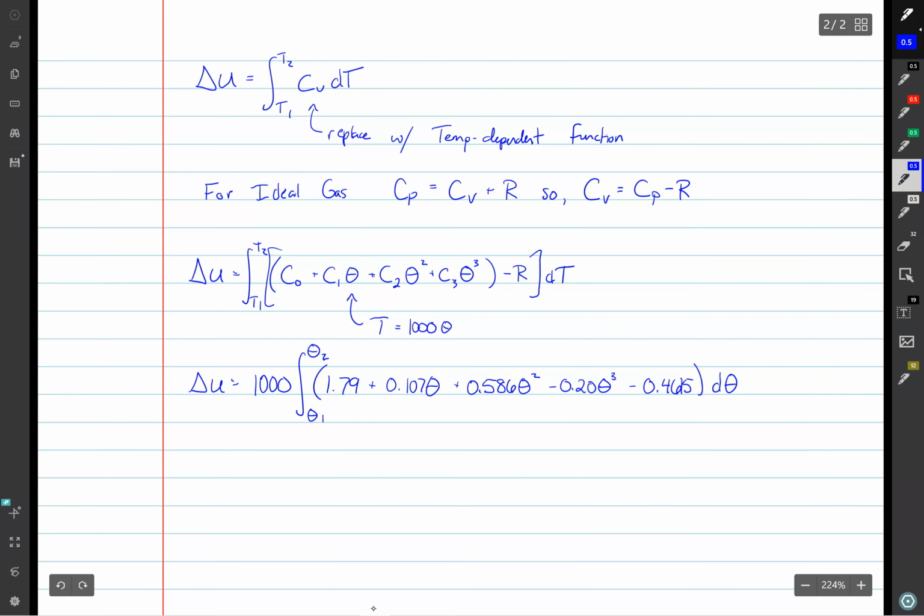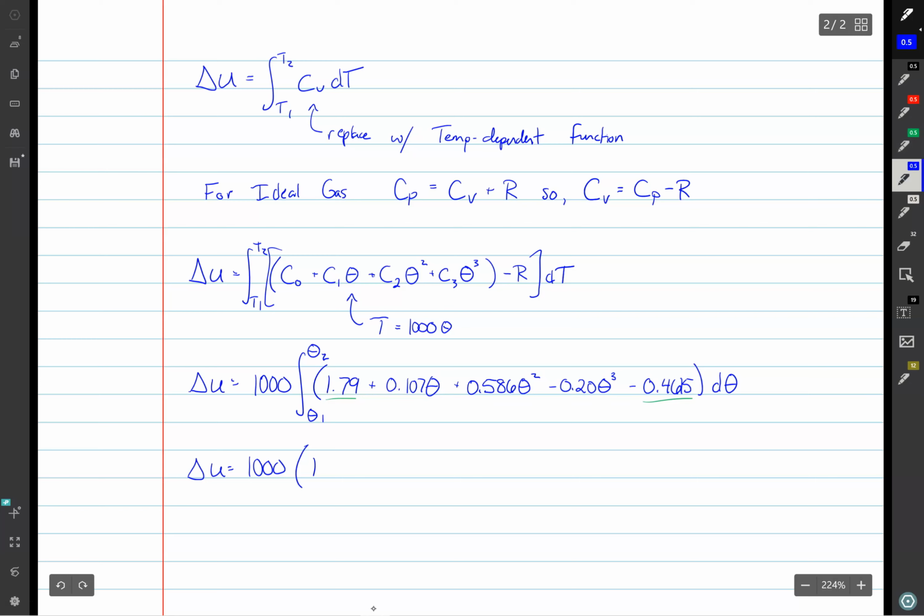Okay, so if we go through and do the integral, then delta U equals 1000. That's out in front. And then our integral is now combining this constant and this constant.